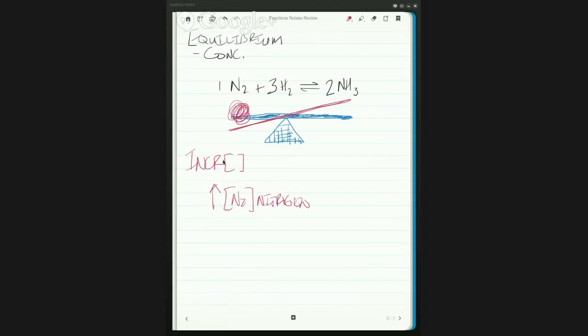It's sort of like putting a person in there. Like, hi, I'm going to sit on this side of the teeter-totter. I'm Mr. Nitrogen. So Mr. Nitrogen sits on the side, and that side goes up.